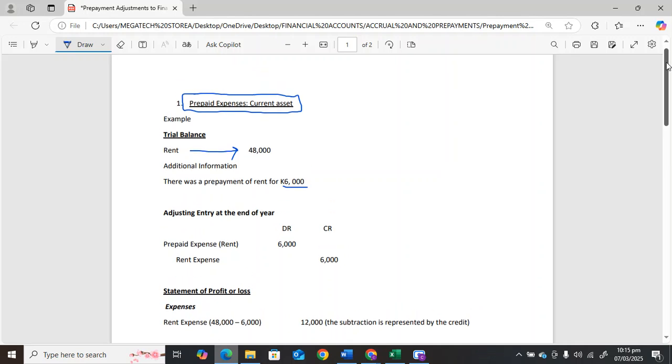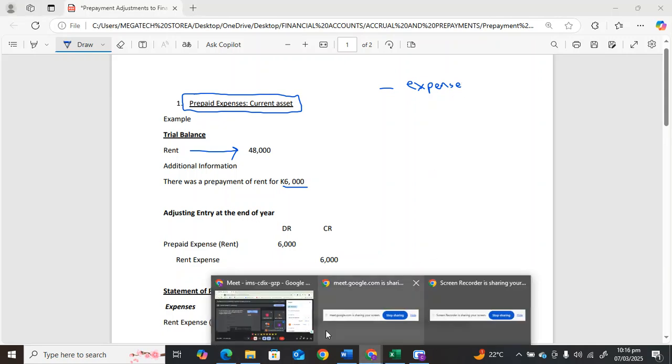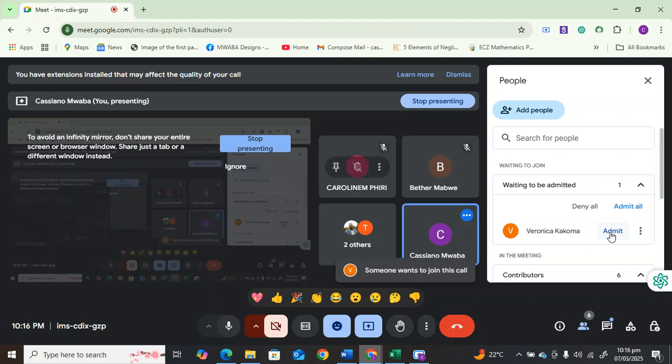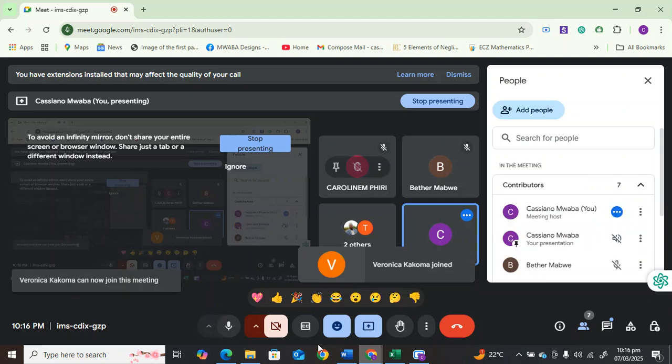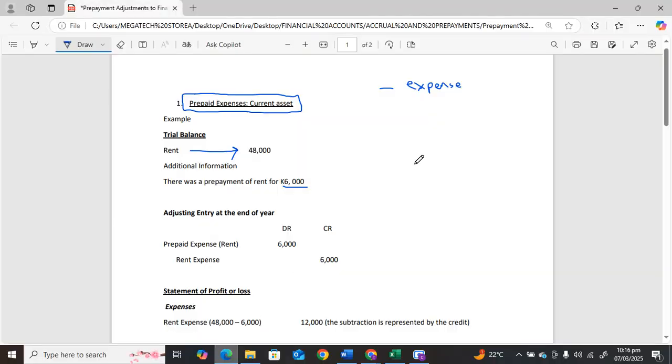Remember, prepayments you deduct from the expense, you subtract from the expense. And in the balance sheet, it's a current asset.